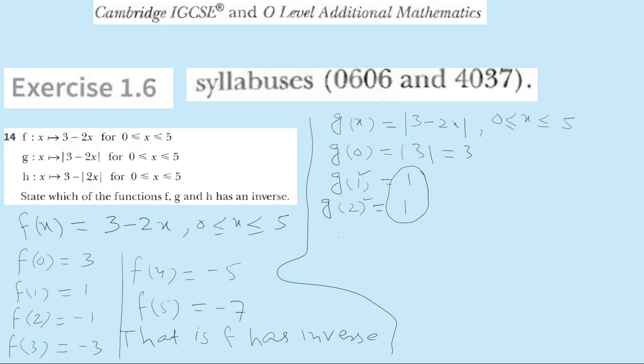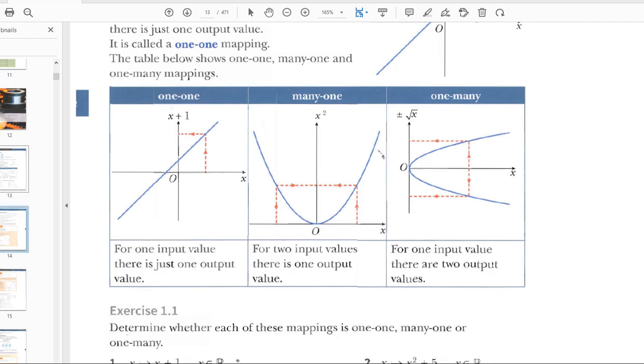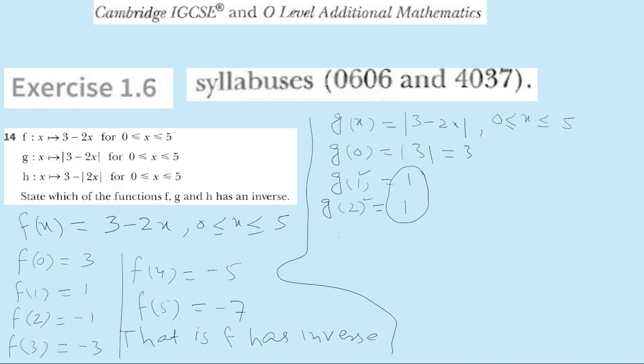So this function is many-one. Hence, g does not have an inverse.